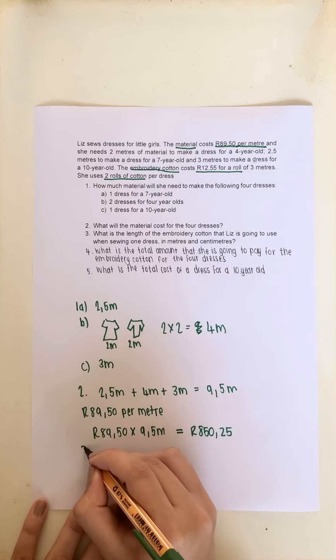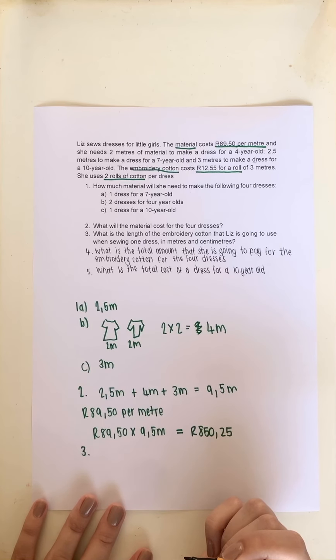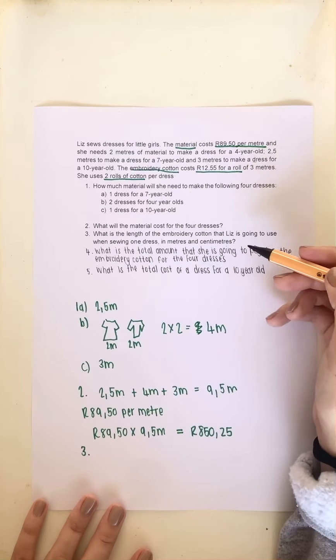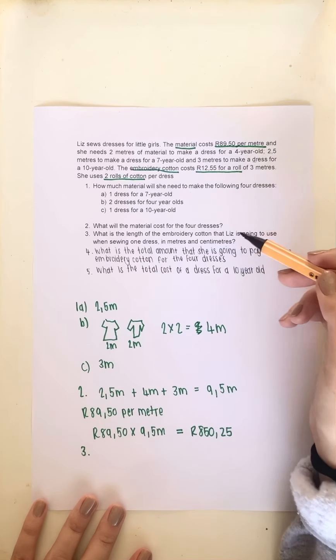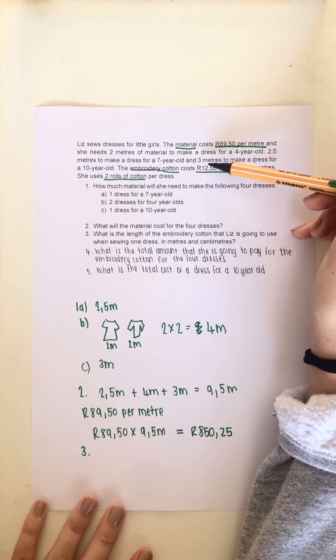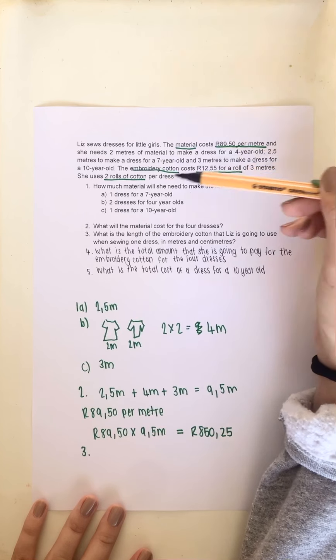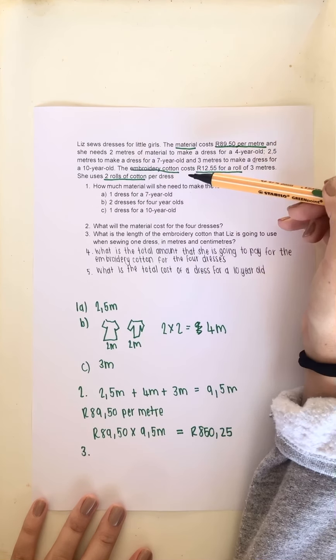Okay, number 3. What is the length of embroidery cotton that Liz is going to use when sewing one dress? Embroidery cotton costs 12 Rand 55 for a roll, and it takes 2 rolls of cotton per dress.